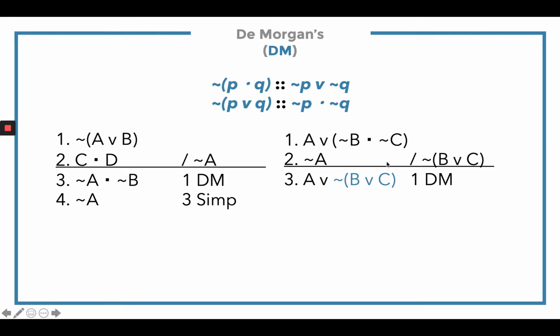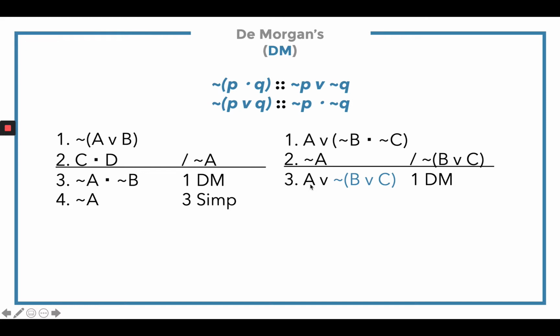So when we do use a rule of equivalence like De Morgan's, we don't have to use the main operator or pay attention so much to the main operator. We can do it sort of within the line. So if I see that tilde B and tilde C, if I can do De Morgan's on that thing in the parentheses there, I can go ahead and do it and just leave it how it is.